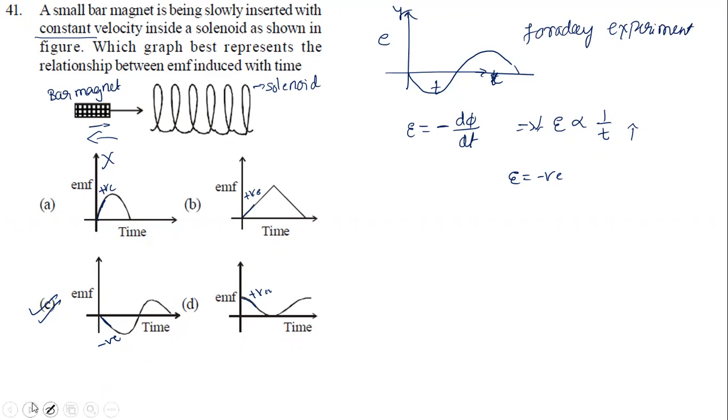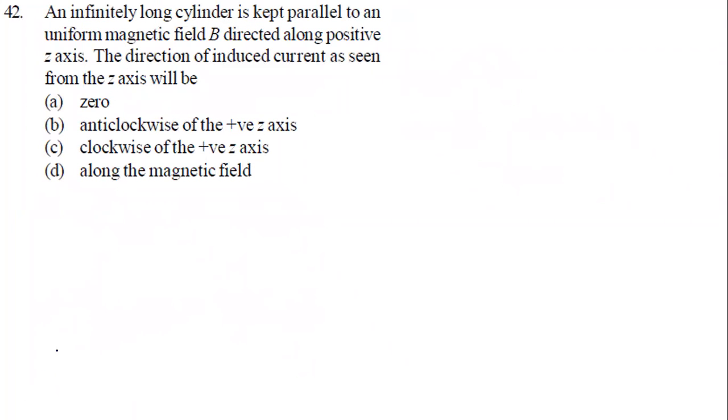Faraday experiment it is. Okay, let us look at the next question now. An infinitely long cylinder is kept parallel to a uniform magnetic field directed along the positive z axis. Now there is a cylinder like this. This is infinitely long.